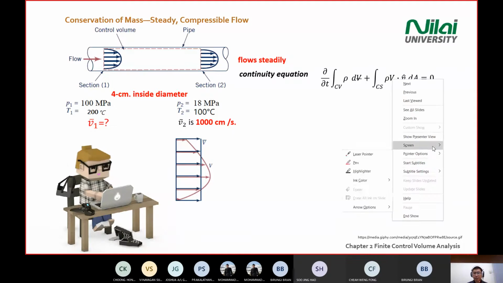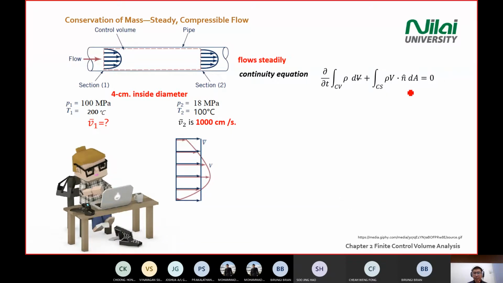Every time you write the correct equation out, you get 1 mark. So in the exam, don't leave your answer blank. At least write something, at least you define the question. Of course, you don't copy every equation. If you copy every equation, it means you're just guessing, then you won't get marks.